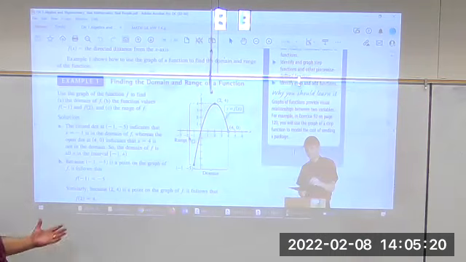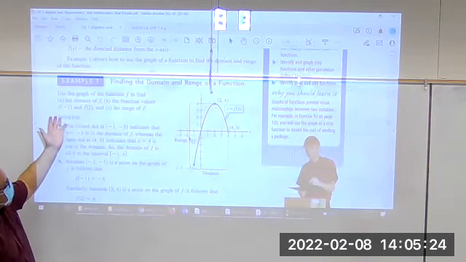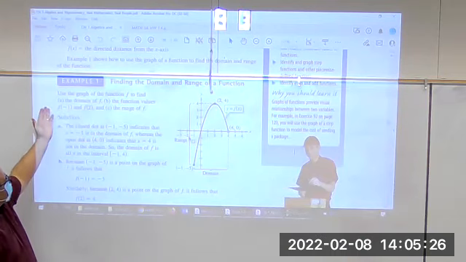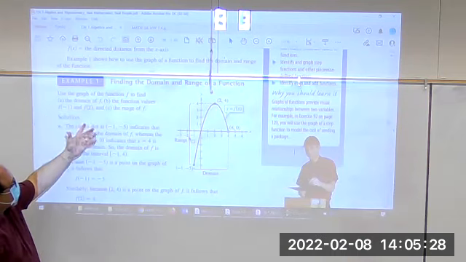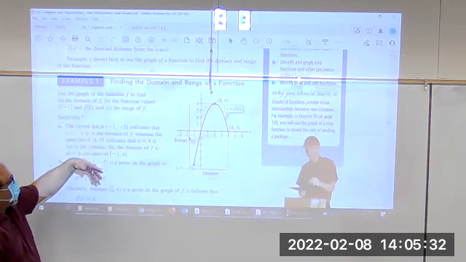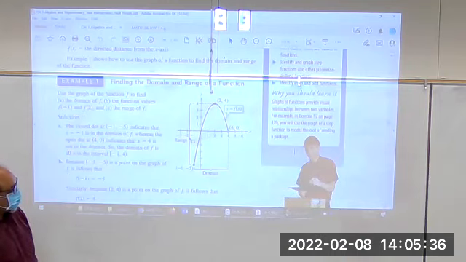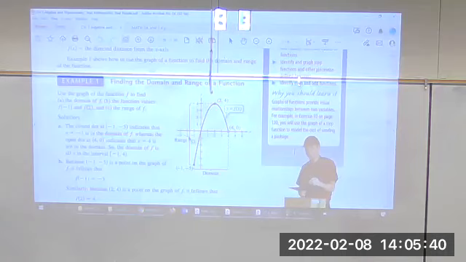Okay. Second up here, find the domain and range of a function. Use the graph of the function f to find A, the domain, B, the function of f of -1, f of 2, and then C, what's the range. So just by looking at the picture, you're supposed to be able to generate all of those answers. And a lot of times, that's all you have is the data.